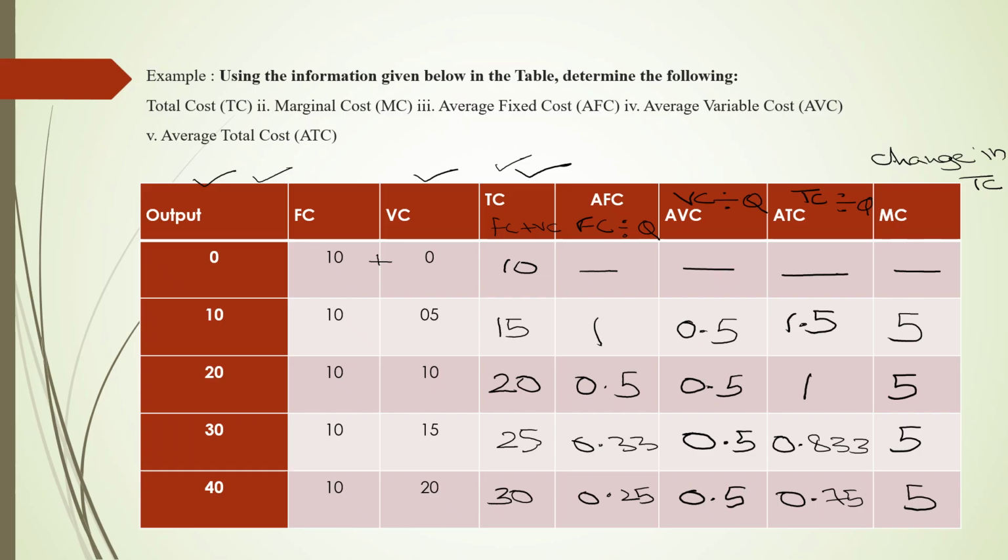So cost is an expense which the company incurs, which they have to pay on producing a product. In our next video, we will be studying what is revenue. Revenue means the income which is generated by the producer or the company by selling the product, which helps them in doing the business.